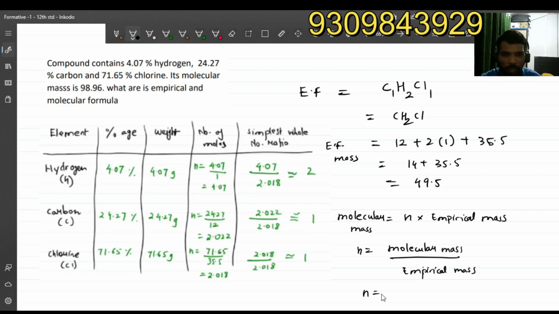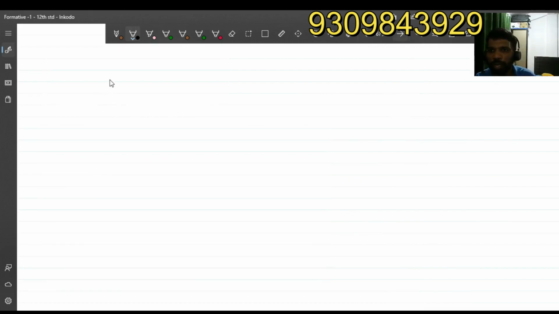So what is that? N is equal to, what is the molecular mass given? Molecular mass is given to be 98.96, divided by empirical mass, which is 49.5. So this will come to approximately equal to 2. So N is equal to 2, right? So what is the molecular formula?